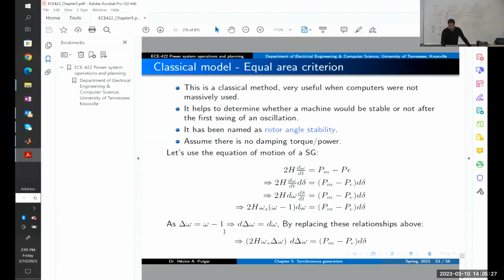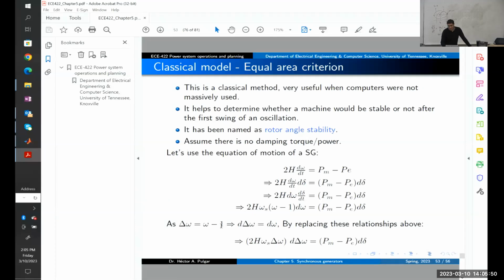So the first thing we're going to do is convert this differential of the speed into the differential of the changes in the speed. So delta omega is omega minus 1. So at the equilibrium point, delta omega should be 0.